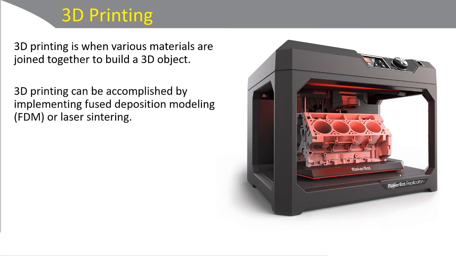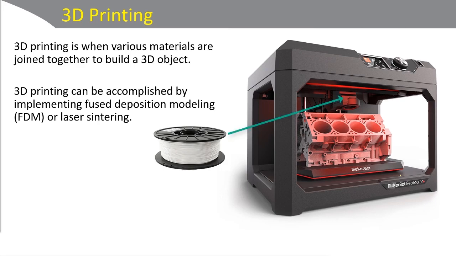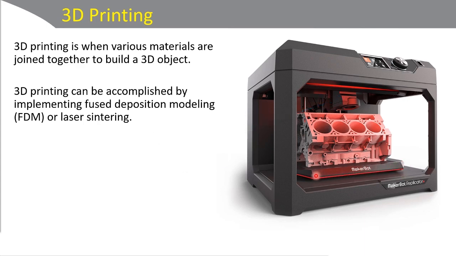3D printing can be accomplished by implementing one of a few processes, namely fused deposition modeling, or FDM, also laser sintering. Now, FDM is very common. That's an additive process where materials are fed into an extruder. They are superheated, and then they're applied on top of a substrate or build plate.